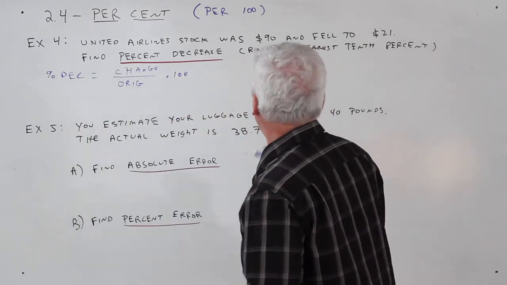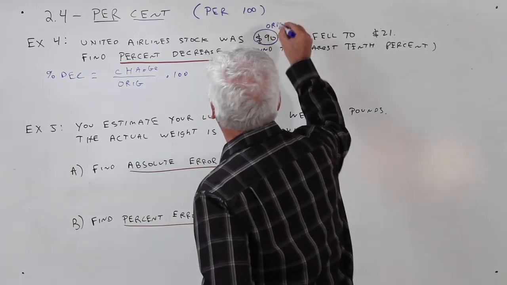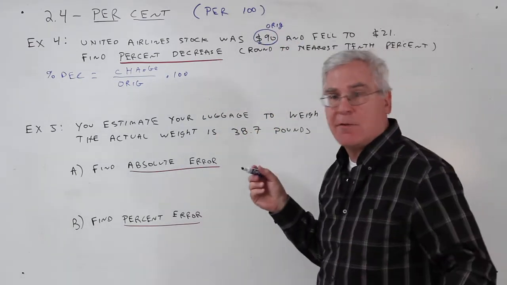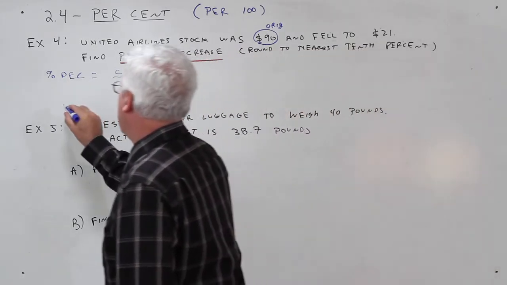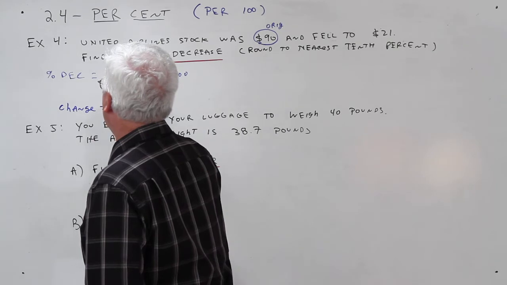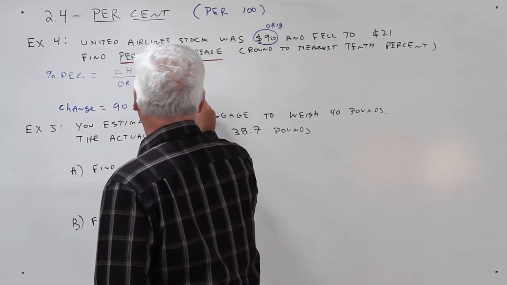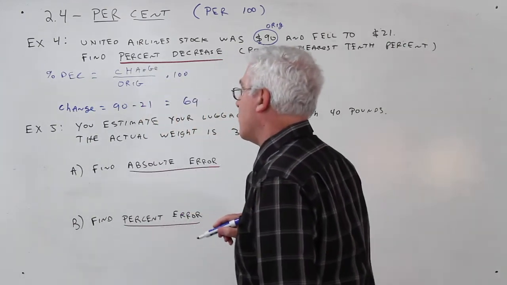And again, that times 100 is converting the decimal to a percent. Okay, so the change, this is the original. The change is just going to be 90 minus 21. So change equals 90 minus 21, and that's going to be a $69 change.